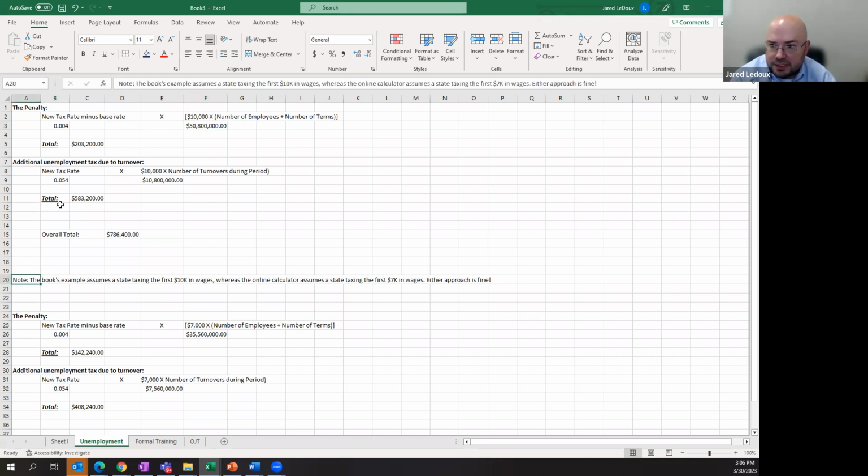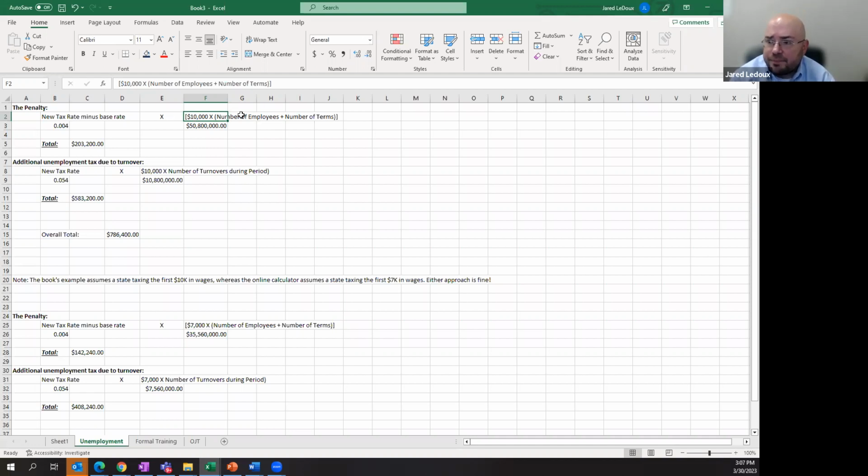This is the direct example from the text. In this particular state that they give the example of, you are taxed on the first $10,000 of each team member's earnings. So the number of employees plus the number of terms times $10,000. It's trying to show how much money you are spending on all of your employees, at least the first $10,000 for each one of them.